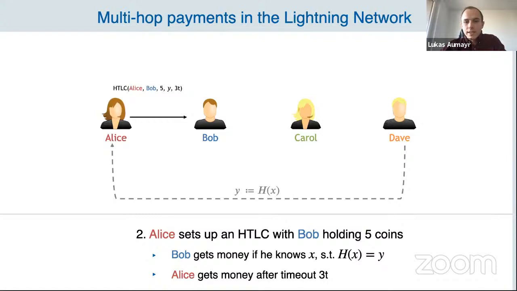And an HTLC is nothing more than a simple smart contract that can be scripted with the rather limited scripting language of Bitcoin and encodes the following logic. So Bob will get the 5 coins that Alice put if he knows X, such that X hashes to the condition Y, and Alice can get back her money after some timeout. In this case, it's 3T.